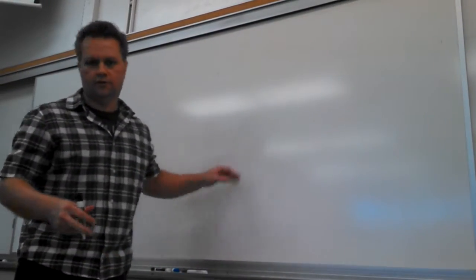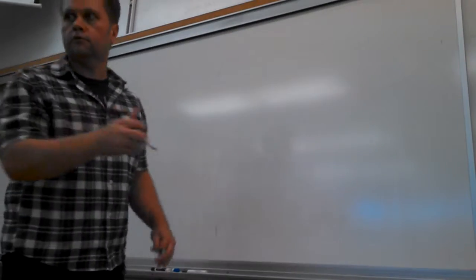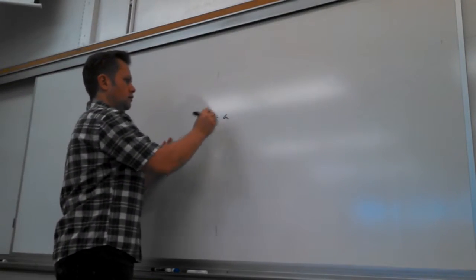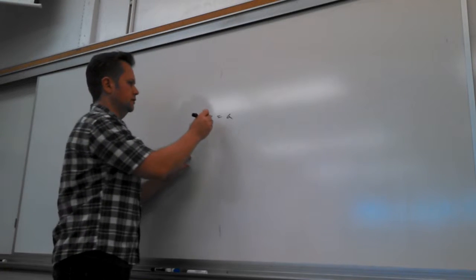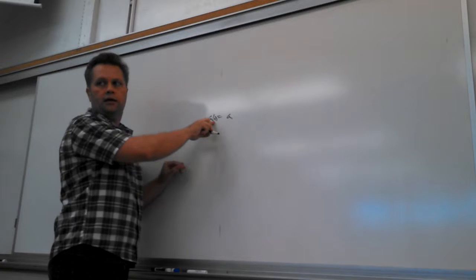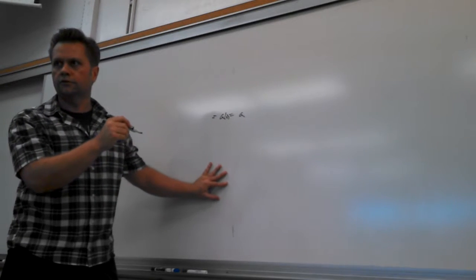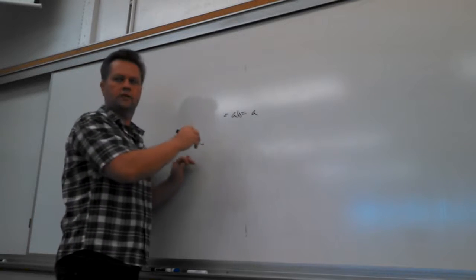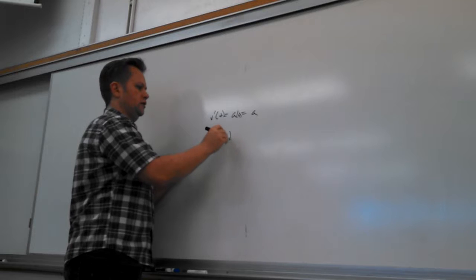So it's a constant acceleration, right? Acceleration is A. But what is A? It's the derivative of velocity. So how do I get V?